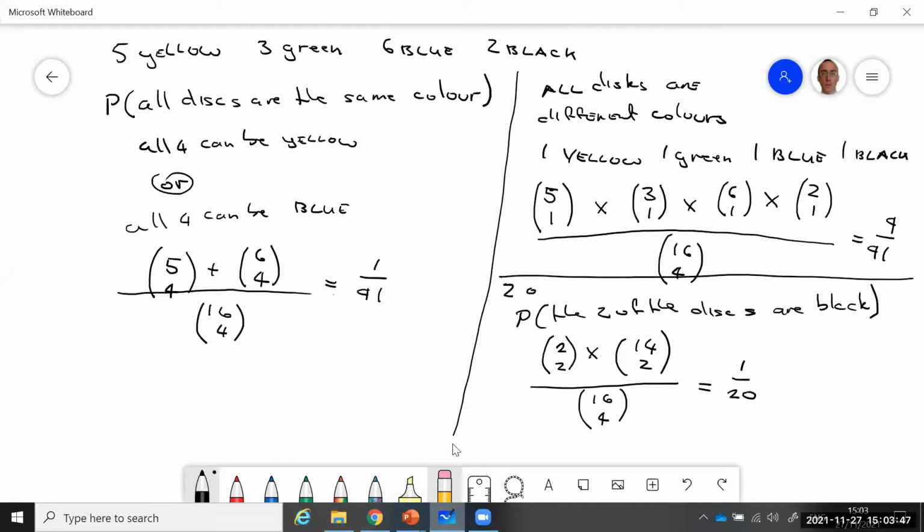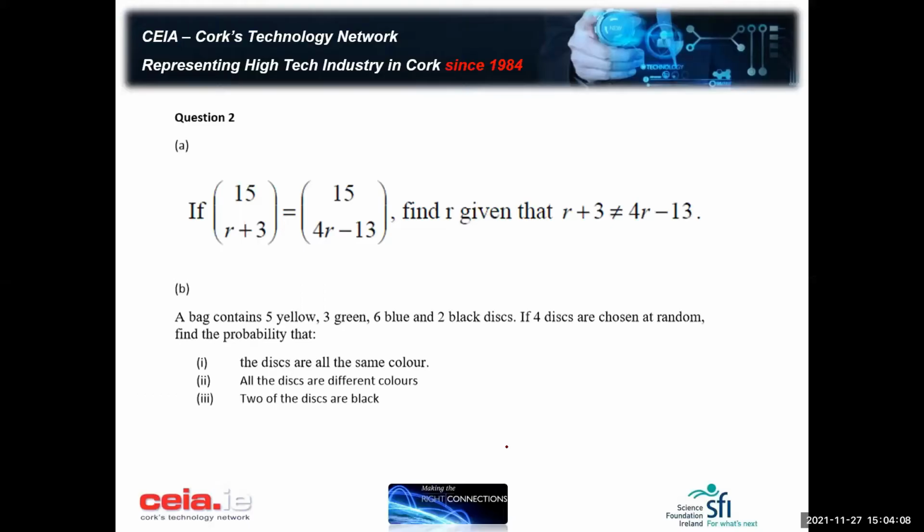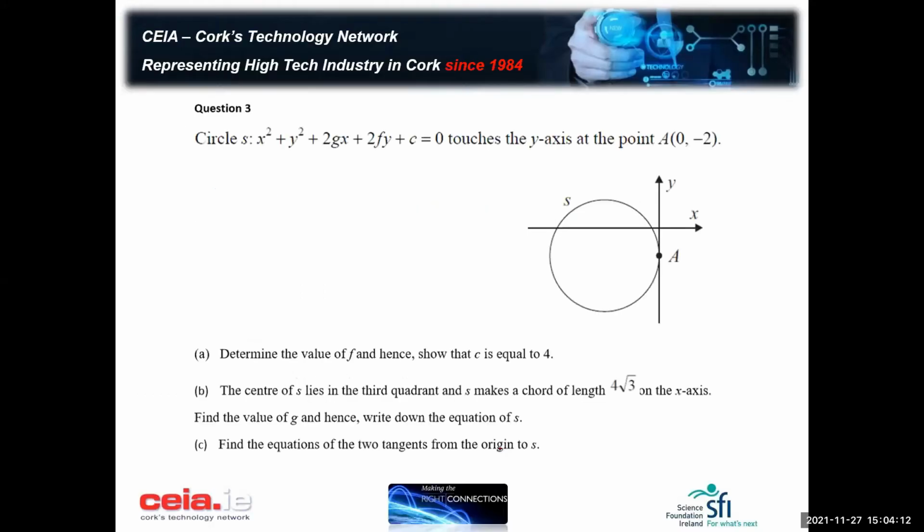So when you choose 4 disks, the probability of choosing 2 disks that are black is 1 over 20. All right, so that's it for the combinations, for the probability, shall we say.